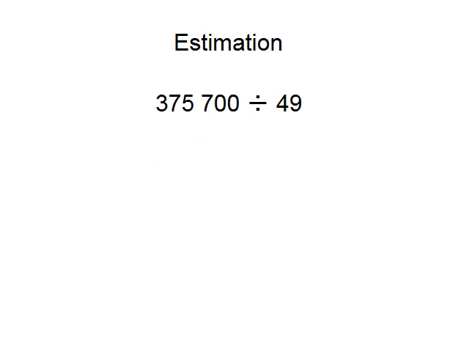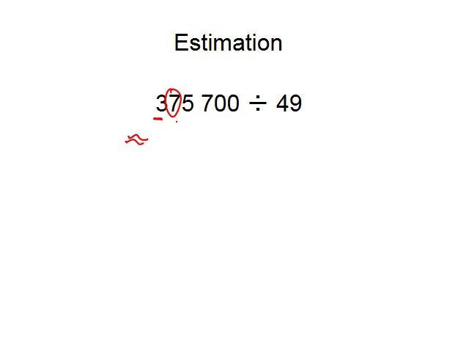Another question, this time a division. We have 375,700 divided by 49. So let's round this number. That's our leading digit or our most significant digit. 7's going to help us decide if that stays as a 3 or goes up to a 4.